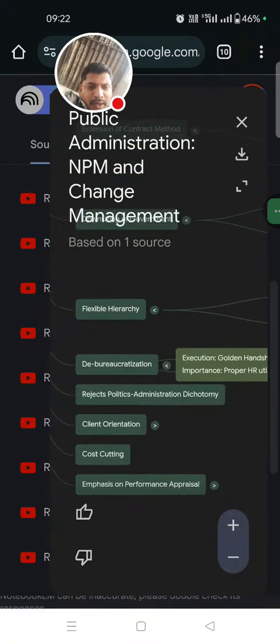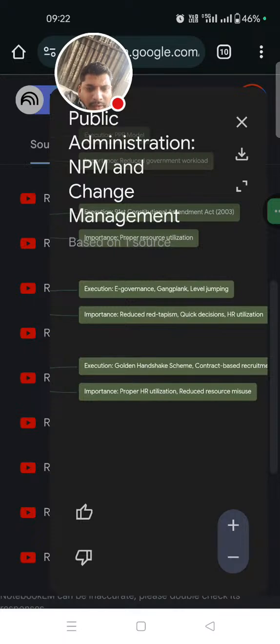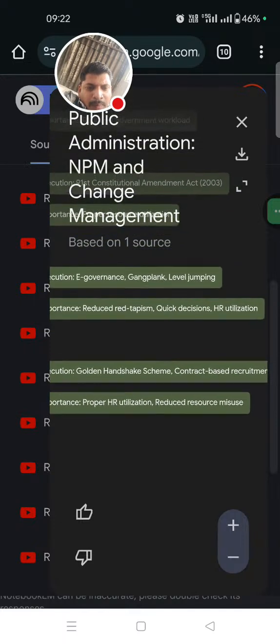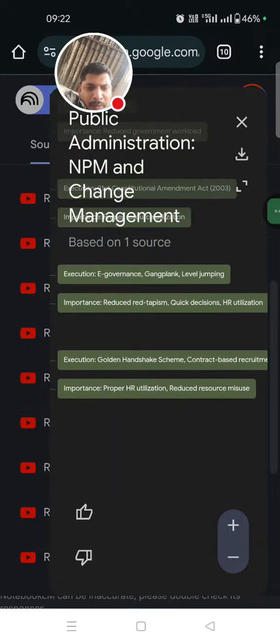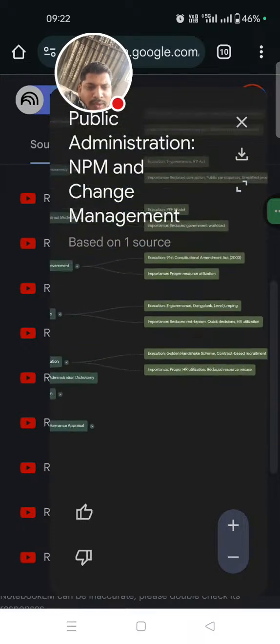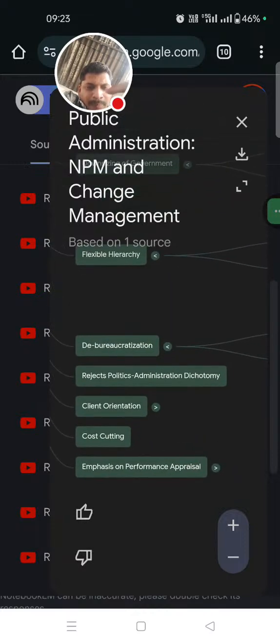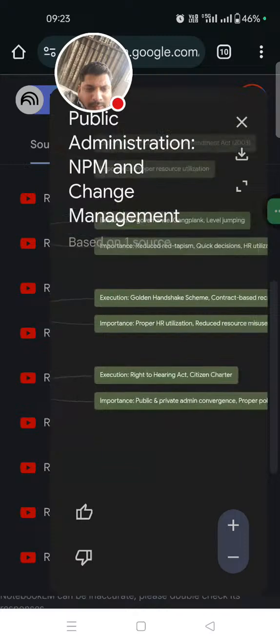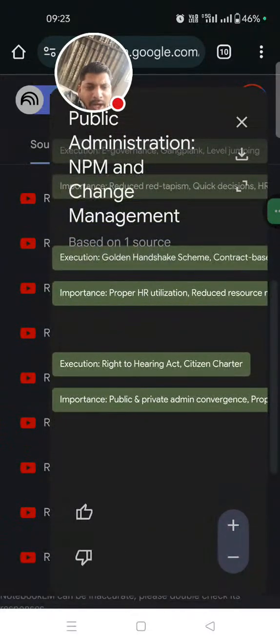Then debureaucratization, with execution through the golden handshake scheme and contract-based recruitment, important for proper HR utilization and reduced resource misuse. Then comes the rejection of the public administration dichotomy and client orientation. Execution: Right to Hearing Act and Citizen Charter.